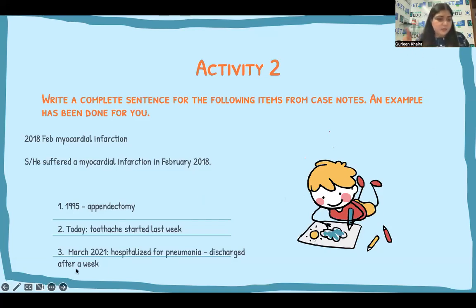Very good. Then the third one, March 2021, hospitalized for pneumonia, discharged after a week. This action started and ended in the past. Which tense will we use? Present perfect or past simple? Simple past. Very good. And how will we write this?